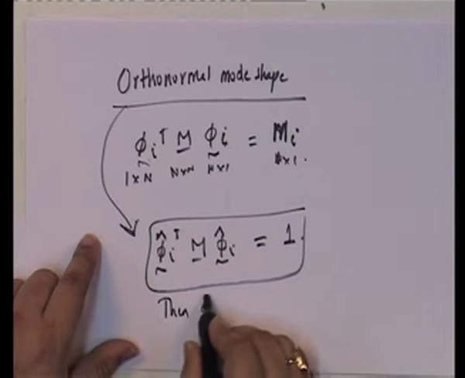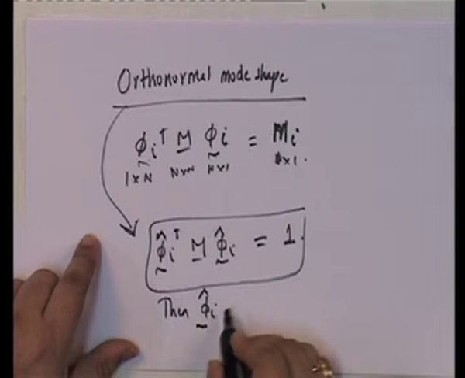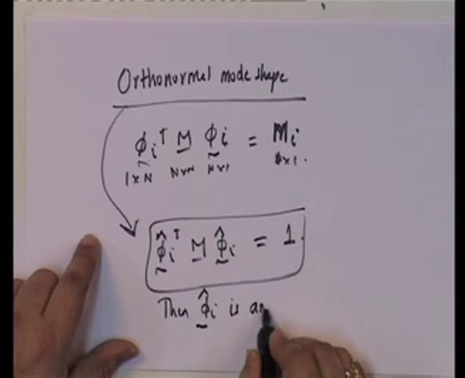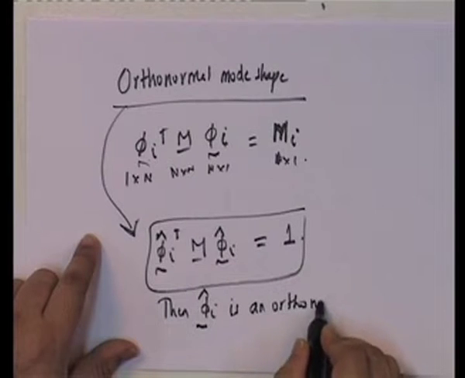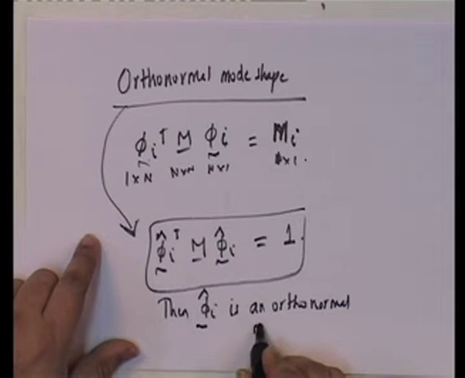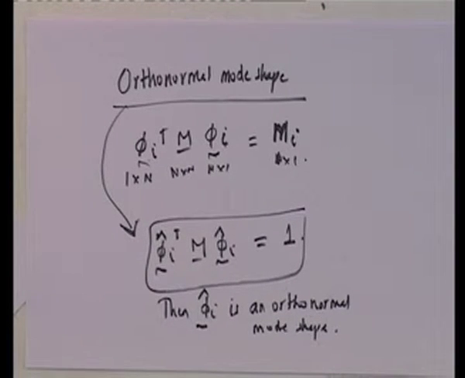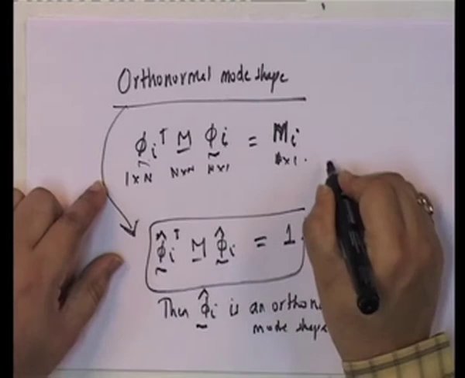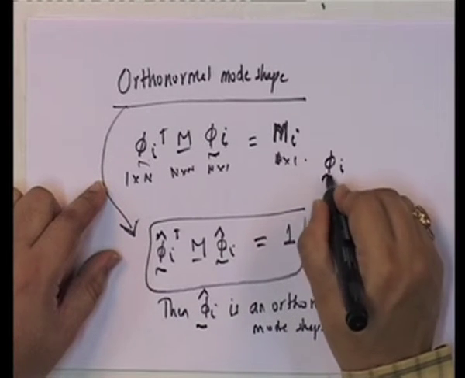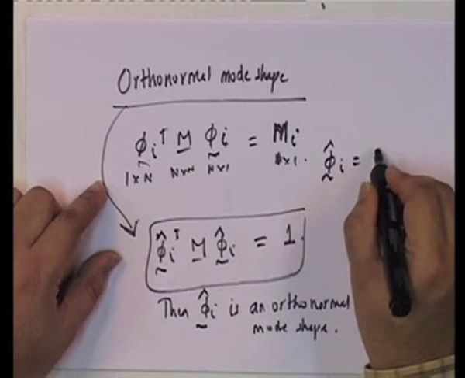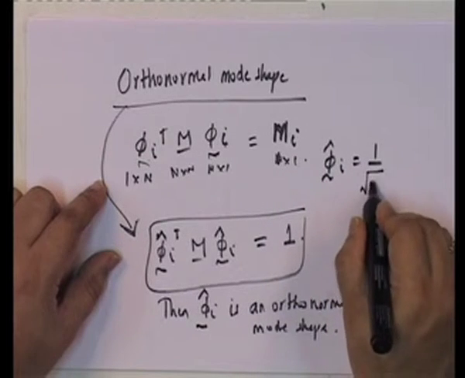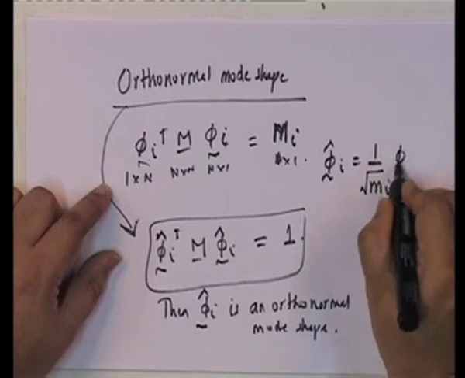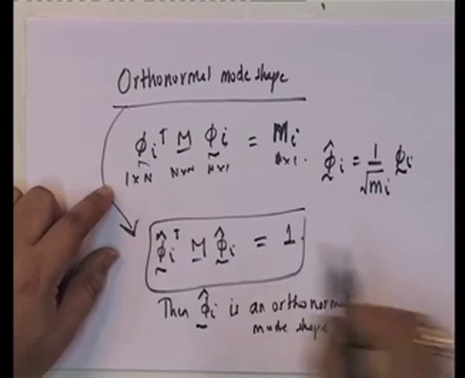Then phi i hat is an orthonormal mode shape. Okay. So, given any one, how do I make it orthonormal? Well, very easy. If you look at it, this becomes very, very simple. Phi i hat is equal to 1 upon root m i into phi i.